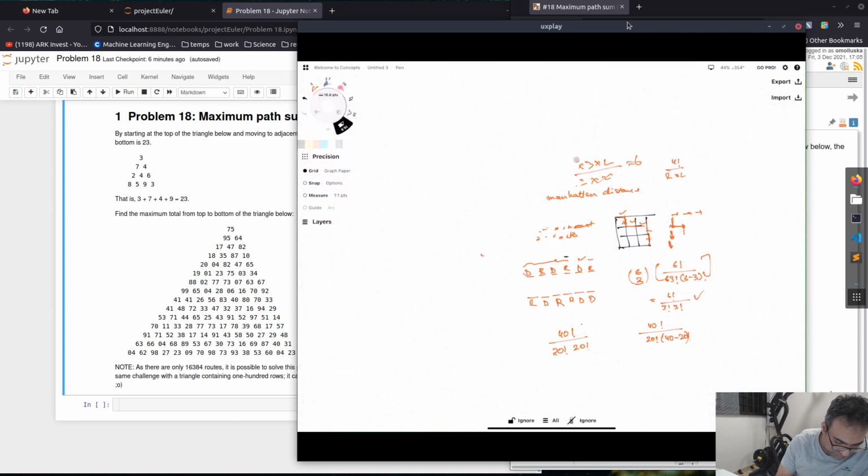This particular problem seems to have a triangle, and we want to find the shortest path.